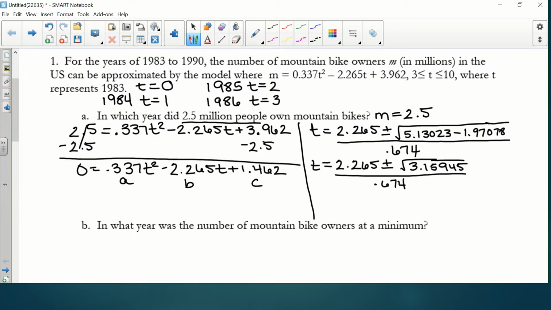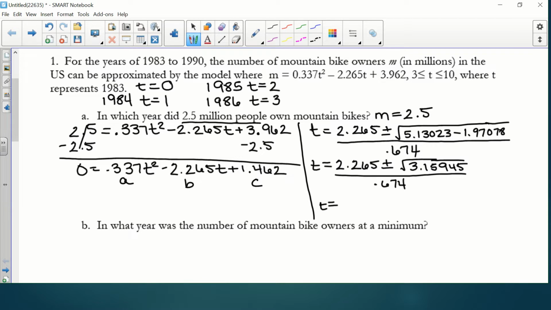Okay. All right, so now I'm going to go to my calculator again, and I'm going to type in 2.265 plus the square root of 3.15945 divided by 0.674. And then I'm going to do the same thing, but I'm going to subtract them. And we should come up with two different t values.